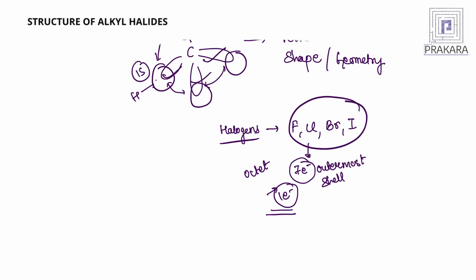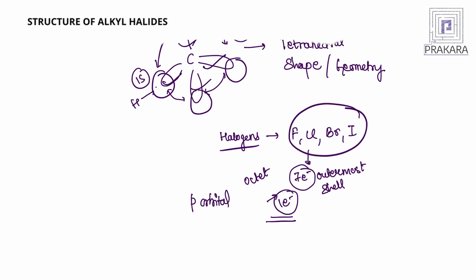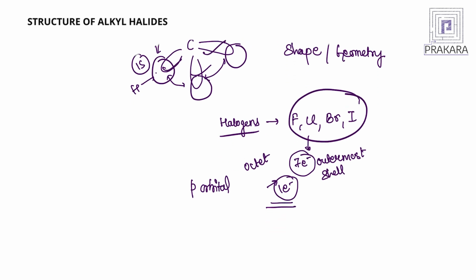If we look at halogens, the outermost electron is present in the p orbital. So the p orbital of the halogen will overlap with the sp3 hybrid orbital of carbon.